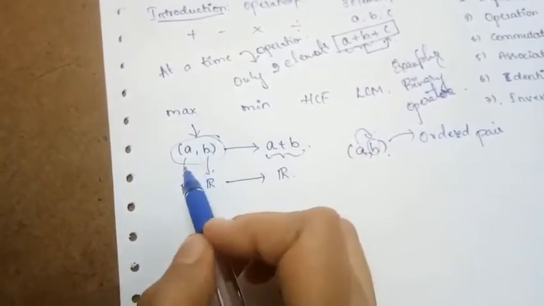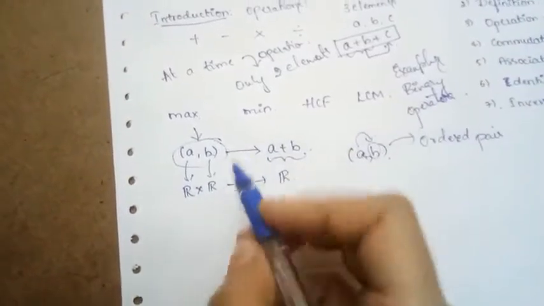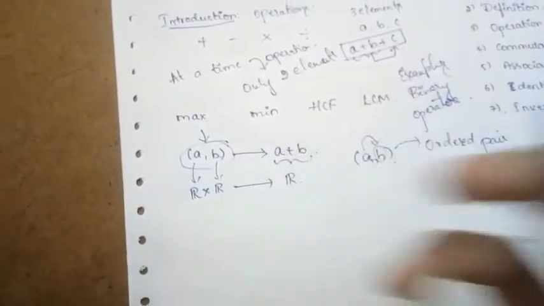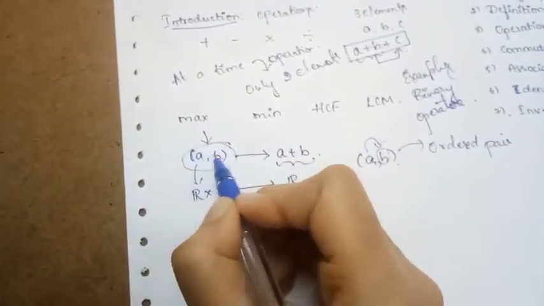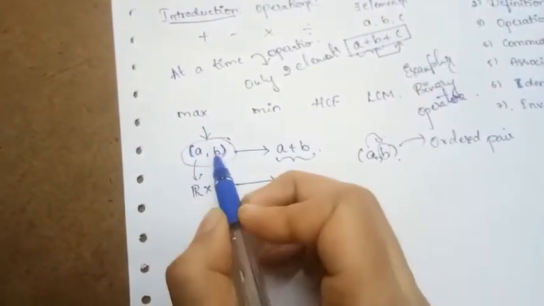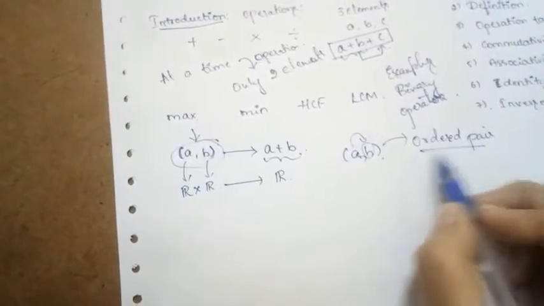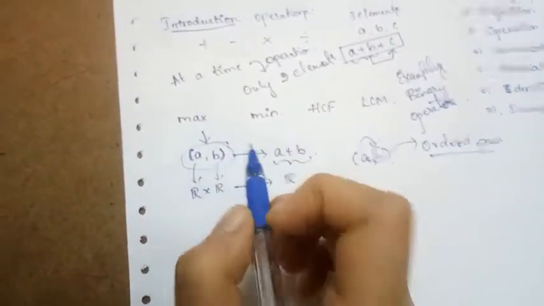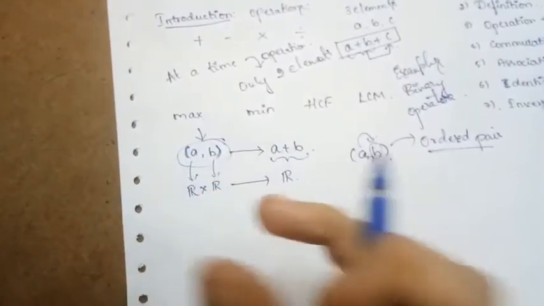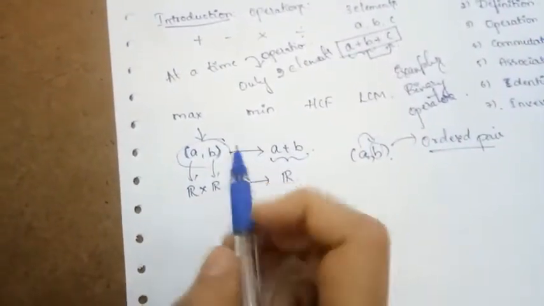Here we are taking two elements from the set of real numbers or from any arbitrary set. So it will be in the form of an ordered pair, but this is not the ordered pair we learnt earlier. Remember that: here B is not the image of A. These are any two numbers from an arbitrary set.